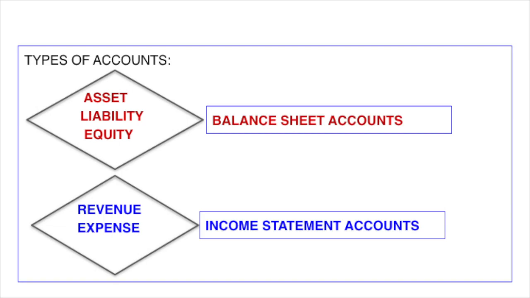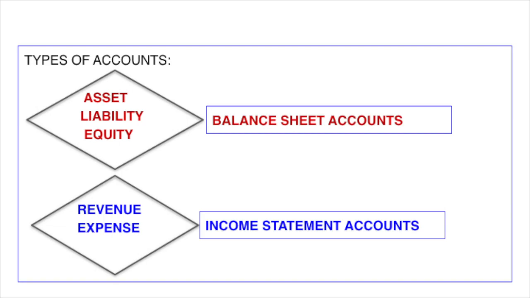Liabilities are the amounts that you owe. For example, taxes payable. Now you have withheld taxes from your employees' paychecks, but you haven't deposited the taxes to the third party. So they will sit on your books as a liability until you have made the deposits.